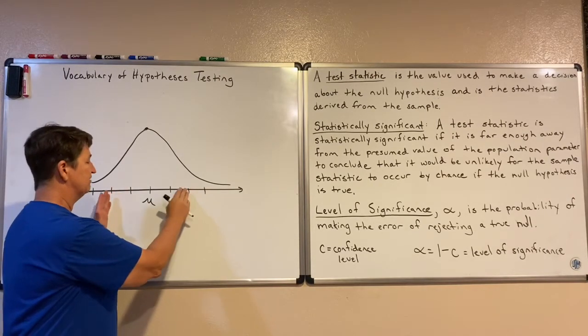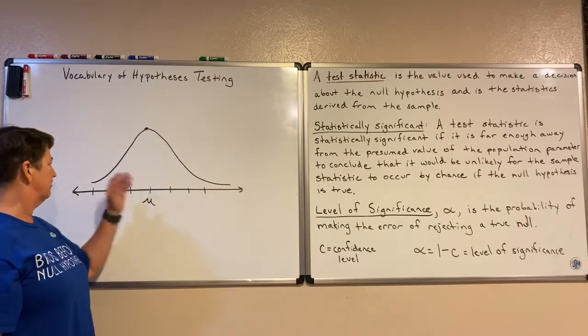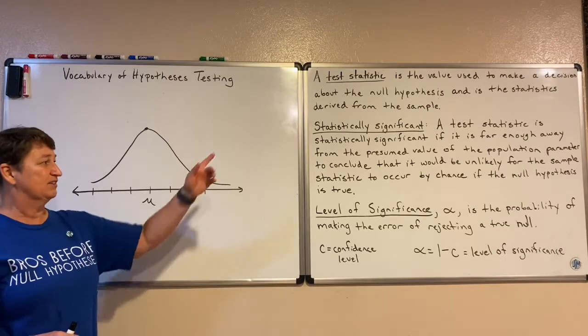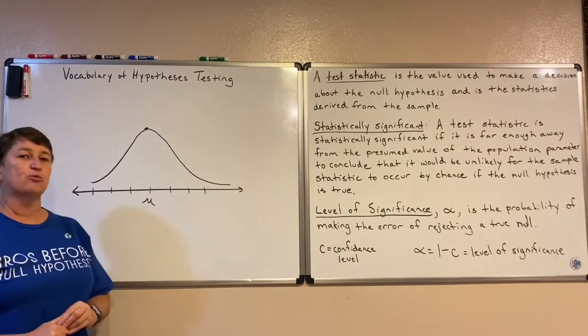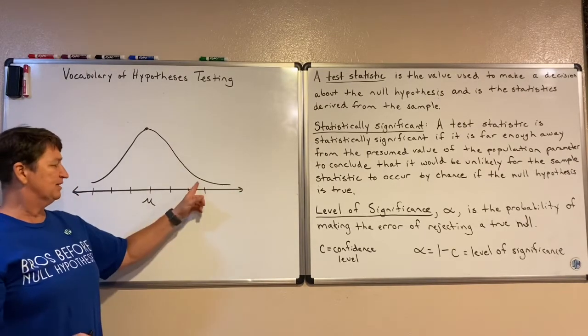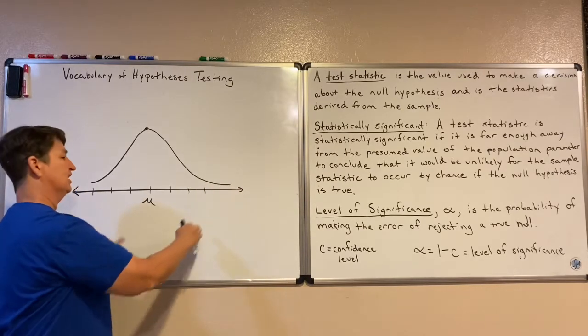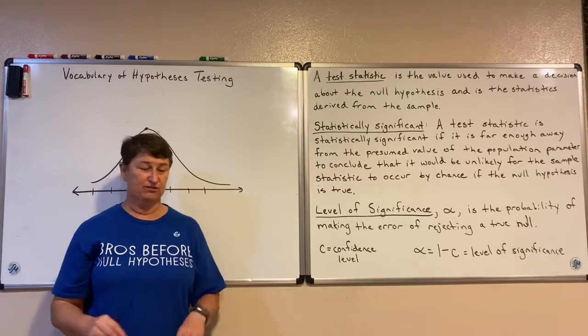So if it's out there at least to that 95%, if it's further out on either end, then I start going, maybe that's big enough for me to say it's statistically significant. It's far enough out there that it would be unlikely for me to get that statistic. Or, out 3 standard deviations, maybe I'm using that as my confidence level.